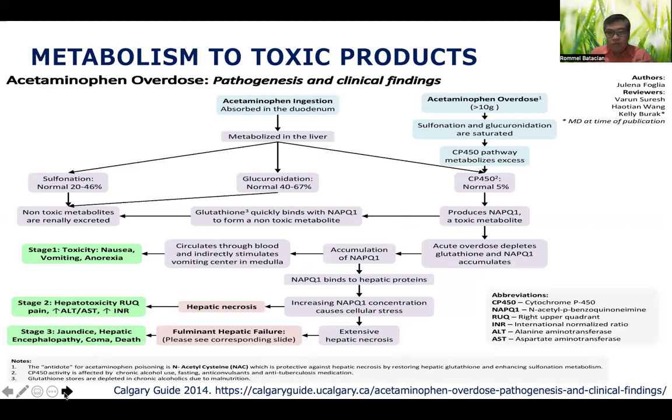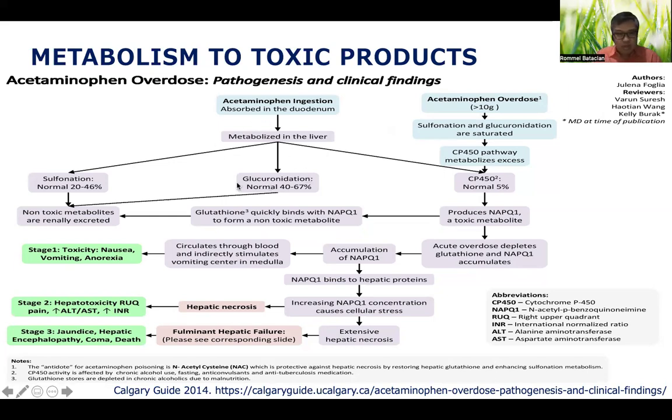So now, let's see why it's very important to learn about metabolism of certain drugs. So let's talk about paracetamol or acetaminophen toxicity. So now paracetamol, usually it's given in tablet or oral form. Paracetamol is metabolized in the liver.